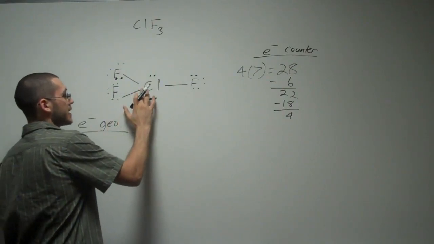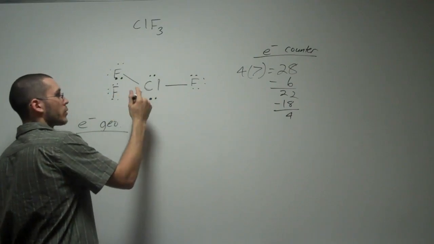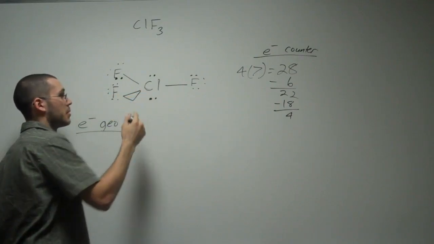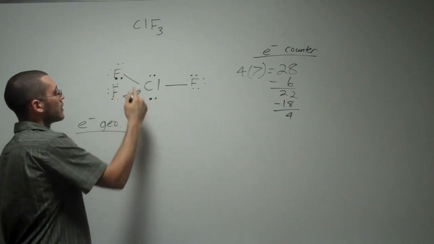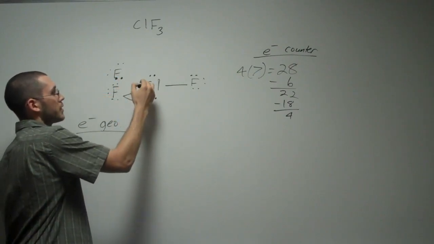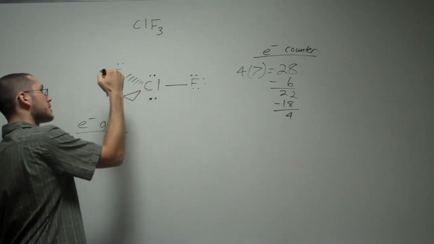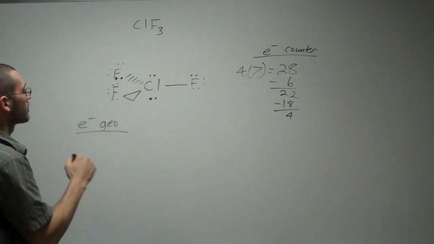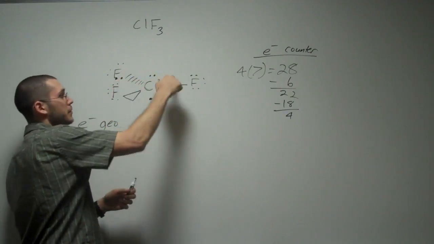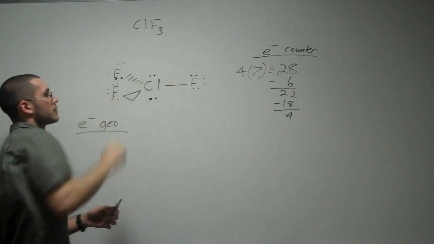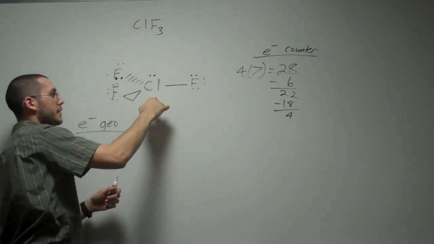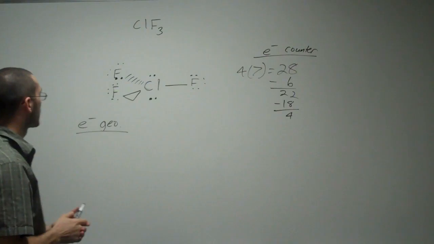Again, I want to emphasize that this fluorine-chlorine bond is a bond that's coming out of the board towards my face from the chlorine. And this fluorine-chlorine bond is going into the board. So these 3 fluorines are in a plane to each other. The electrons are above the plane, and these electrons are below the plane.